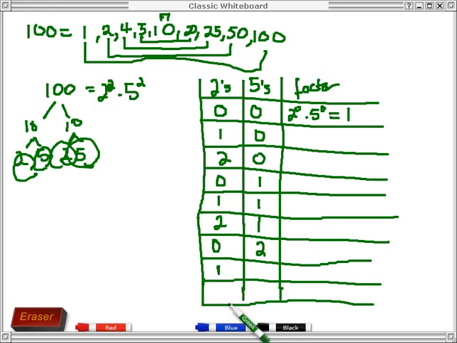So we keep the number of 5's the same, and again go through all the possibilities of the number of 2's. So turn these all into factors.